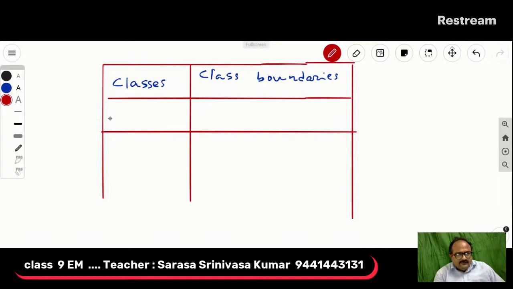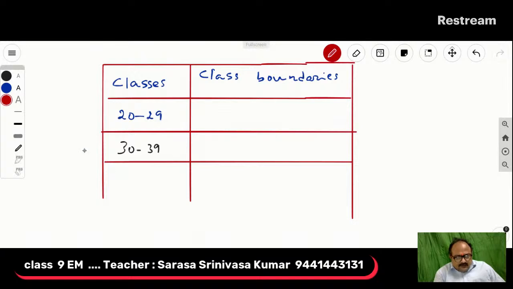So, first class interval is, suppose that it is 20 to 29, and the next one is 30 to 39, and the next class interval is 40 to 49.